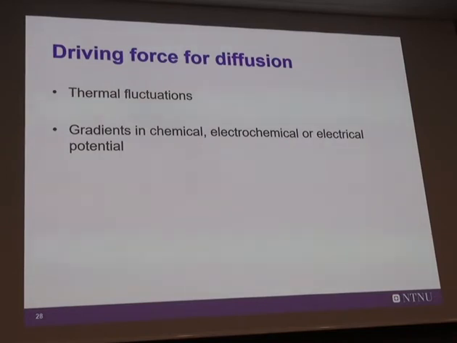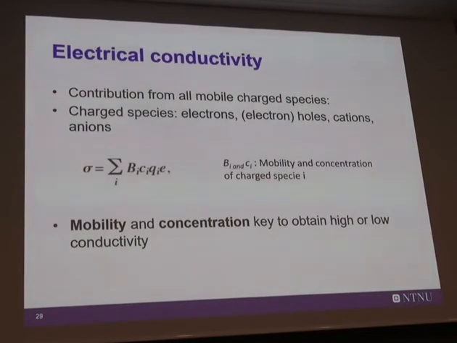Okay. If you then look at the electrical conductivity, you have to take into account all the different mobile charge carriers. Normally the conductivity you measure is the sum of the contributions from all of them. The key point is the mobility and the concentration, because the conductivity is a product of the mobility and the concentration.